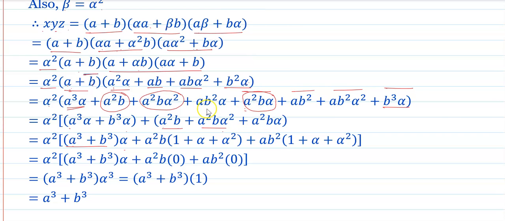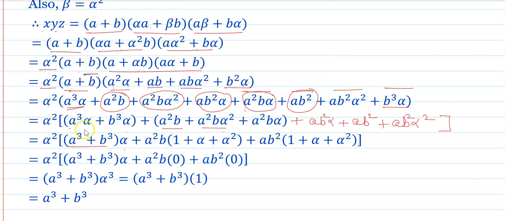What are the next terms? The next term is ab square alpha. Therefore, I will write here ab square alpha plus ab square, and the last is plus ab square alpha square, and this bracket is completed here.